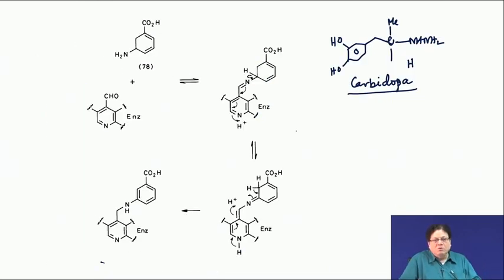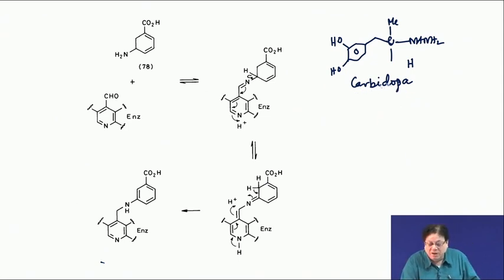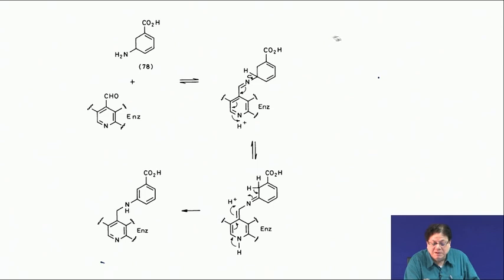Now, let us talk about one more, which we have already touched on earlier. It came into our discussion when we said that many of the amino acids present in the body may not be alpha amino acids, and they are not part of the protein that we make, but they have a distinct function, mainly as neurotransmitters, like glutamic acid.